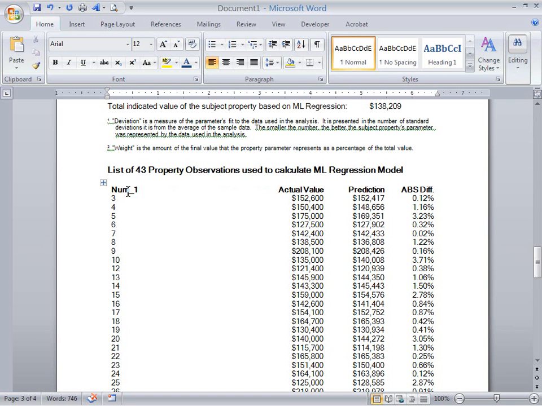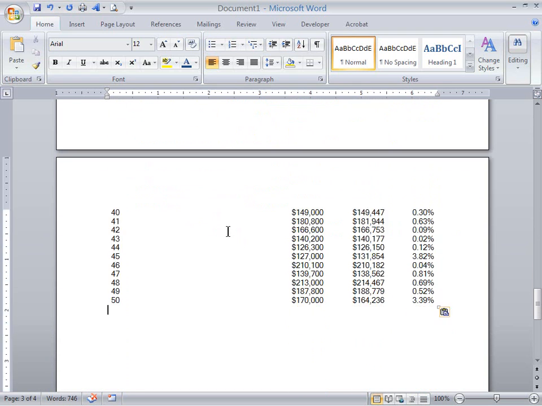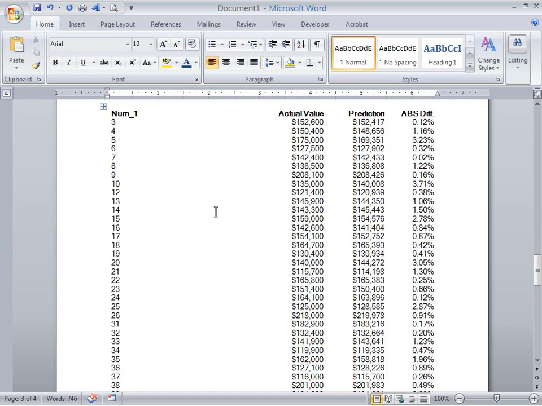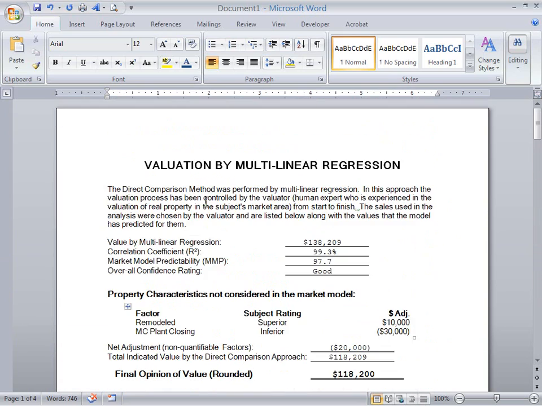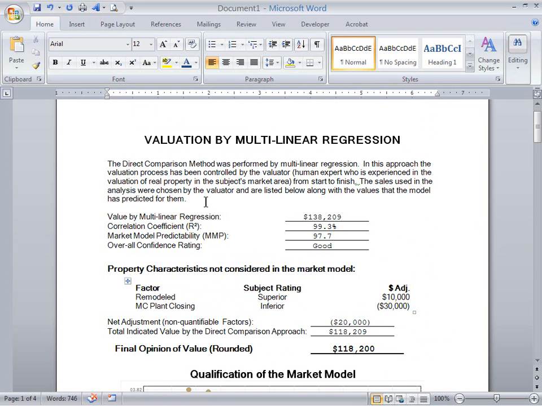This area that's blank is because we don't have the street address and the city and the street name, which would go in here. So you can see you end up with a report. So this gives you a pretty good overview of the Regression Plus for residential appraisers.